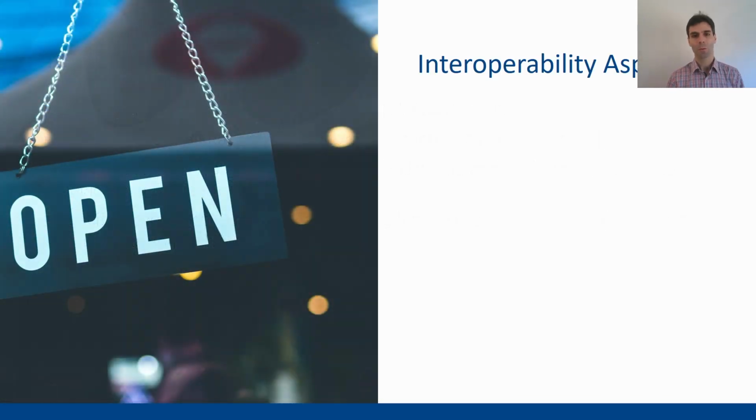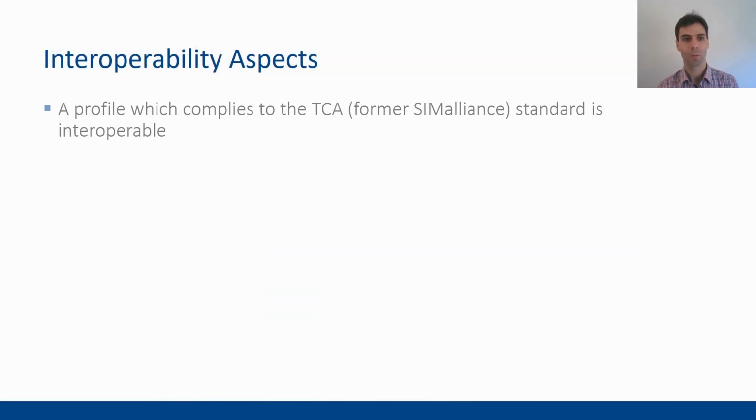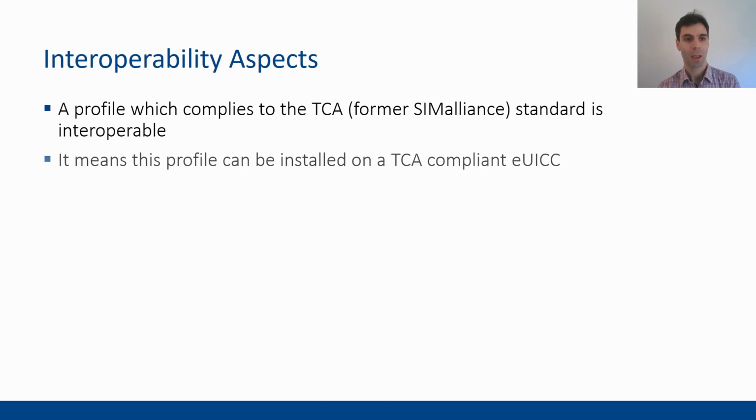After we looked at the profile classes defined by the GSMA RSP consumer standard, let's take a look at the interoperability aspects. What we can say is that a profile which complies to the TCA standard is interoperable. What does it mean? It means that this profile can be installed on a TCA compliant UICC.